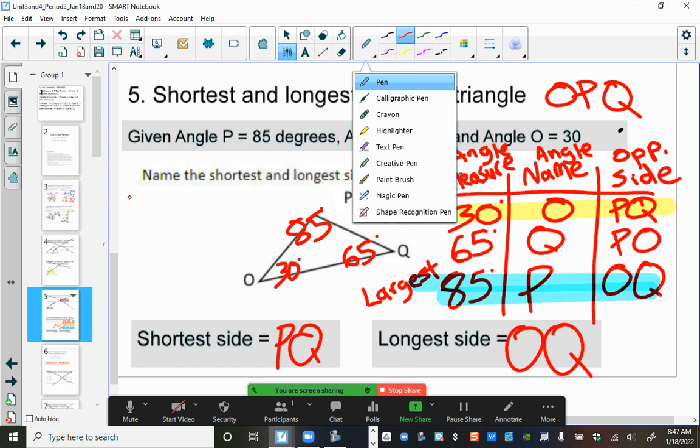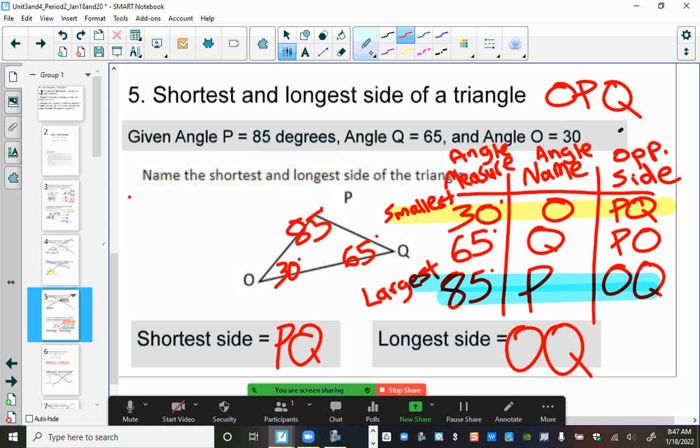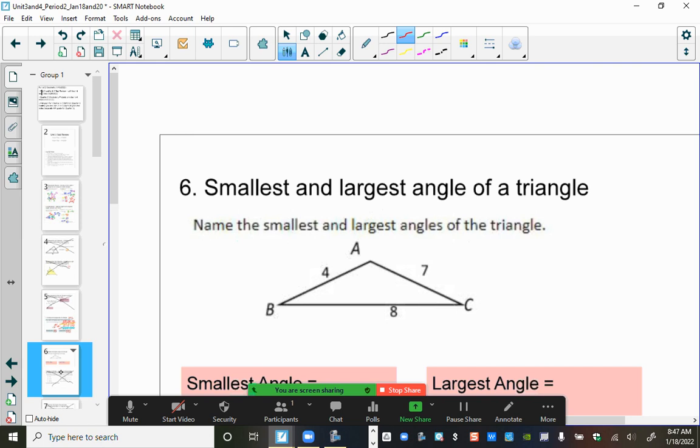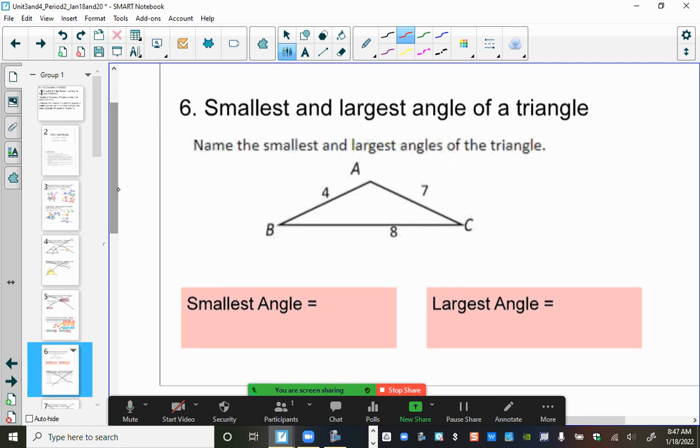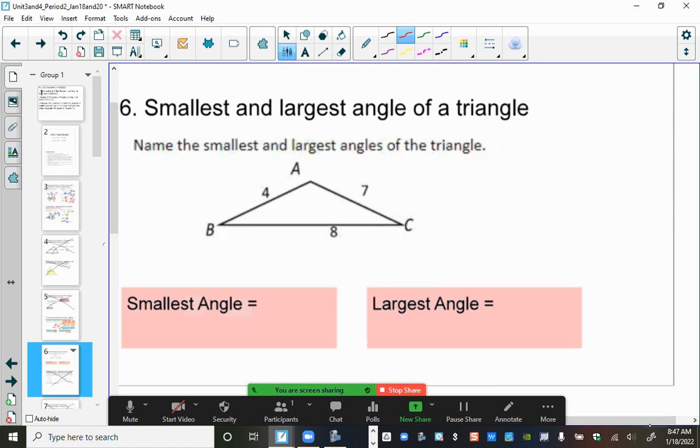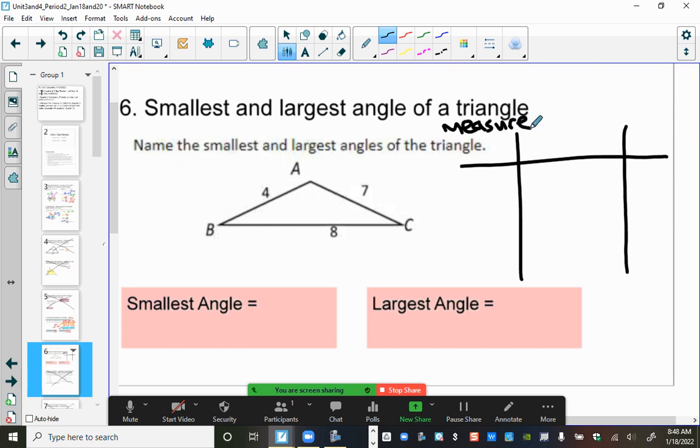All right. Questions on this problem here? The next problem you're going to set up a similar chart, but it's going to be something else you're dealing with: the smallest and largest angle of a triangle. So what you're going to do is the following. Measure, that's the side.